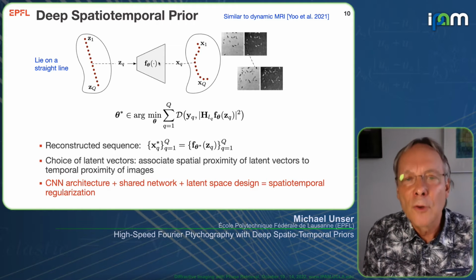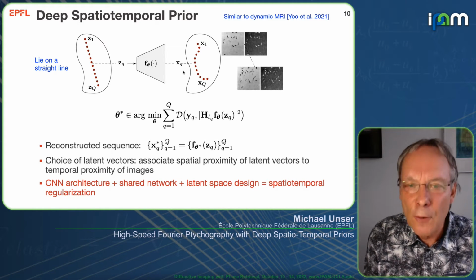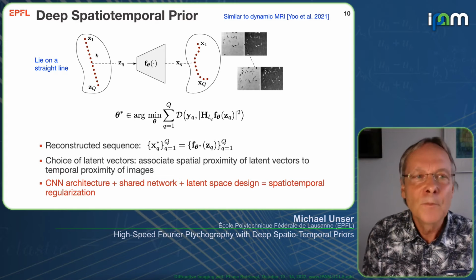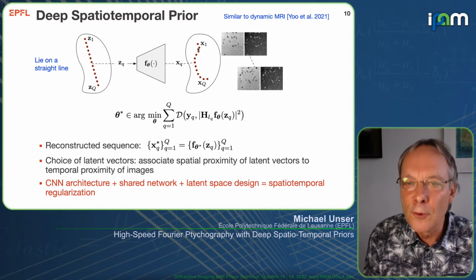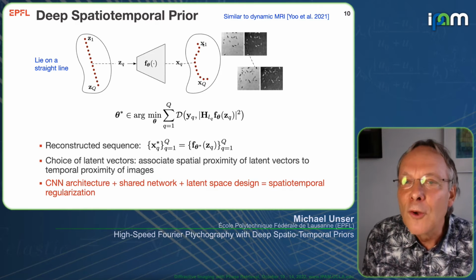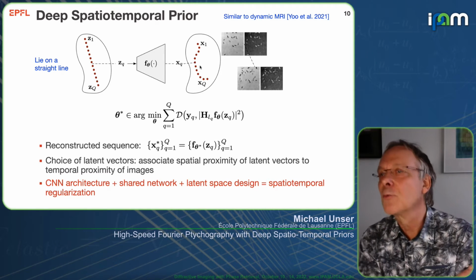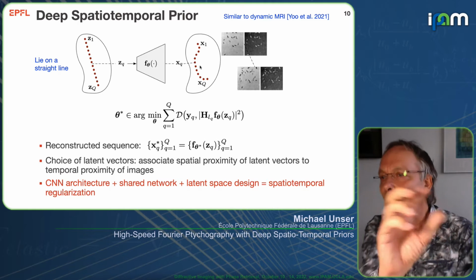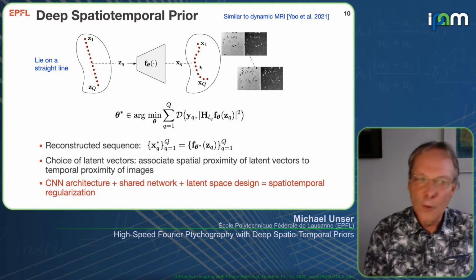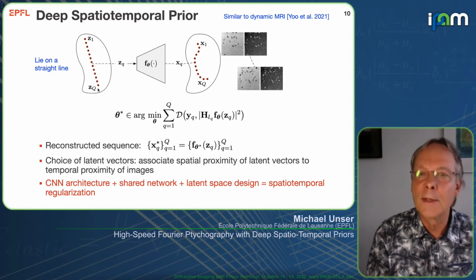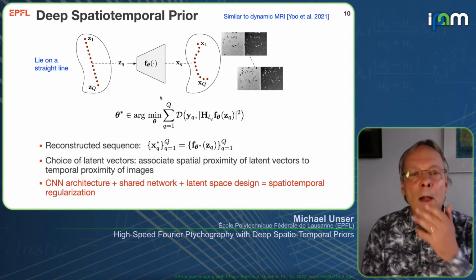Now the neural network will do its job in generating images, and because the inputs lie on a one-dimensional manifold, there is good hope that the outputs, which are images, will also lie on a manifold indexed by time.